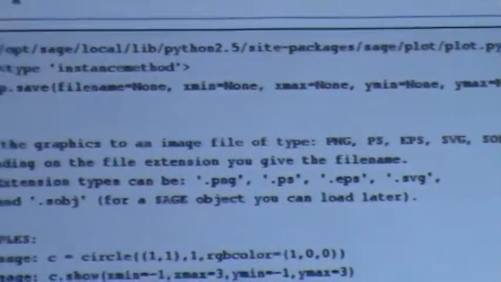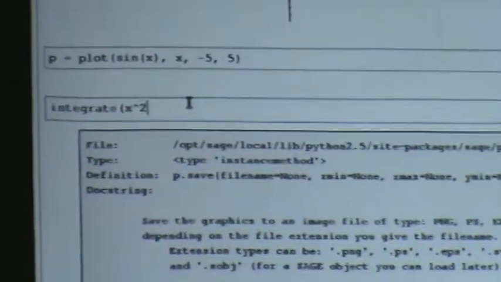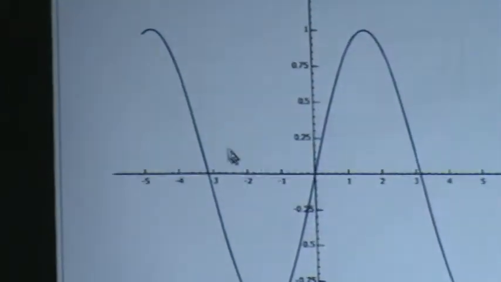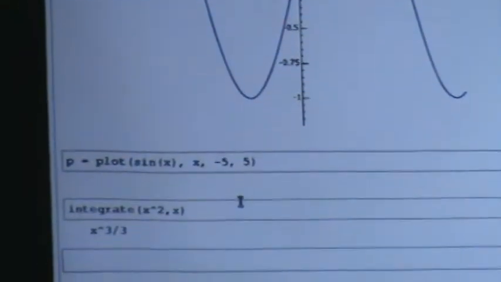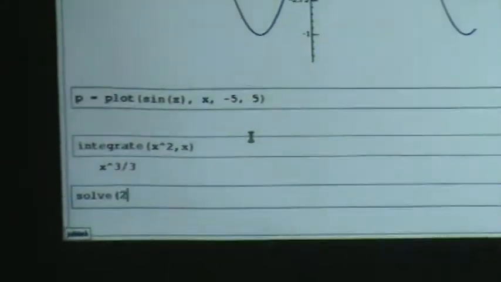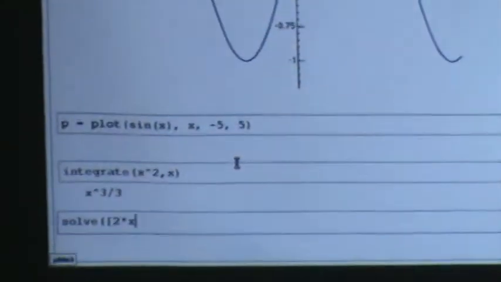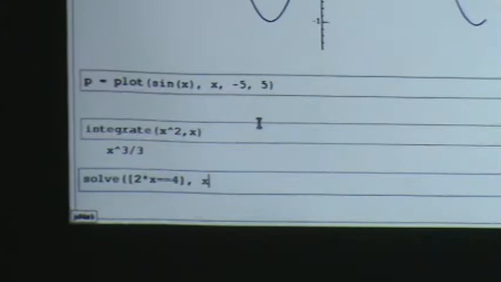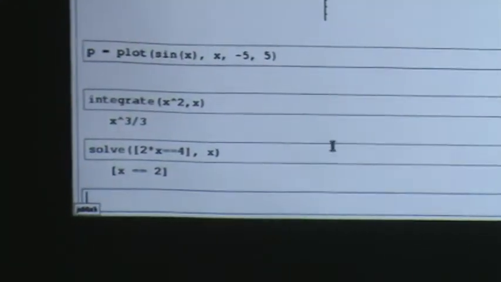So you can do all of your familiar commands like integrate x squared in terms of x. There you get that. Say solve 2 times x equals 4 for x. Yeah, x equals 2.